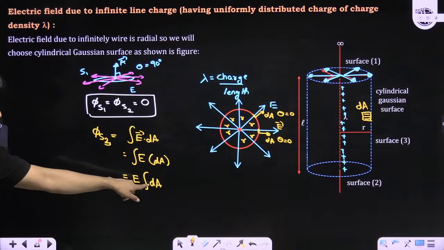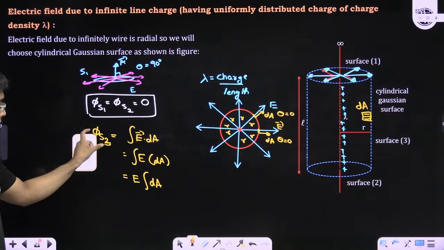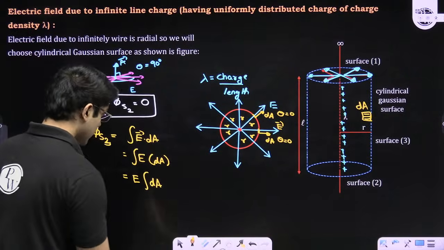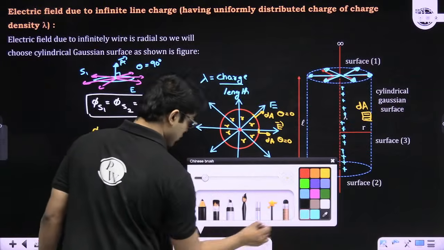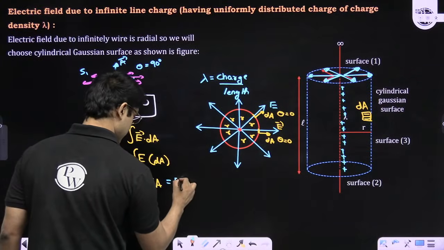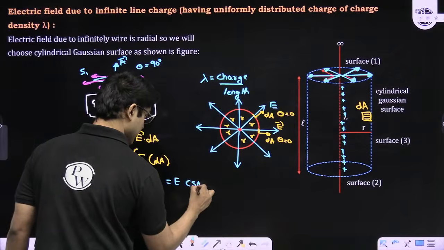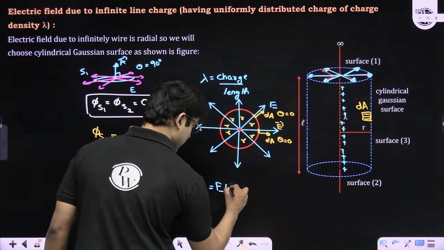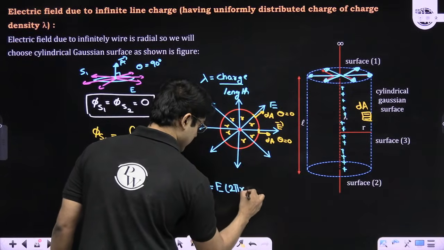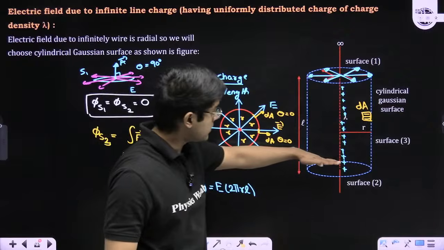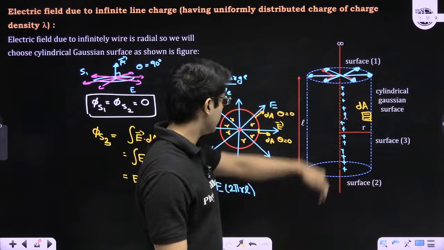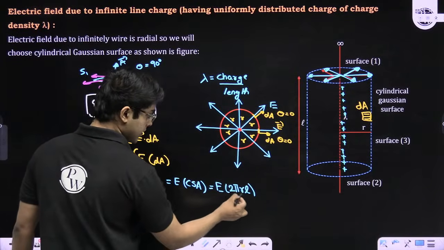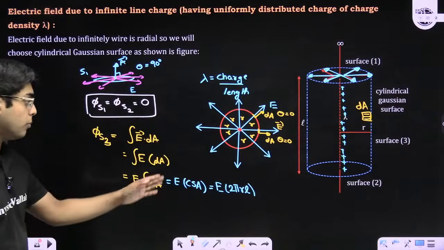Now what is integration dA? We are calculating the flux on the curved surface of the cylinder, right? That is what phi S3 is. So this integration dA is actually the curved surface area of the cylinder, which is E into 2 pi RL. Our Gaussian surface is this cylinder of length L and radius small r. So the flux is E into 2 pi RL.